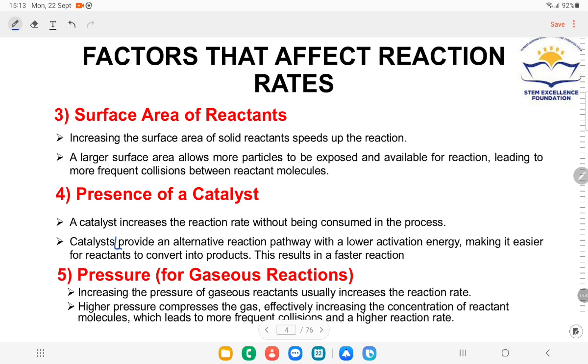Moving forward, for gases, number 5 only applies for gaseous reactants. So if you have gaseous reactants, if you increase the pressure, generally you're going to have a higher reaction rate.